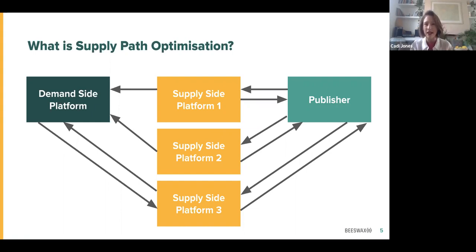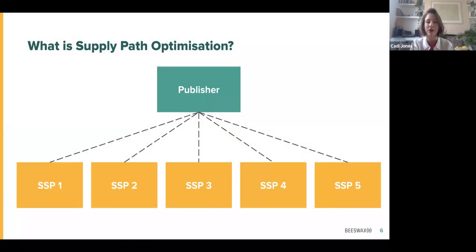What has really changed this and made supply path optimization so crucial has been the switch to header bidding. And this is where this diagram starts to get a little bit more complicated.